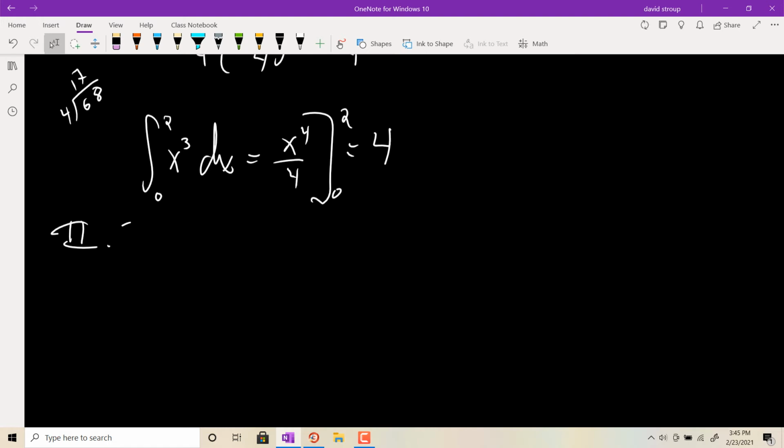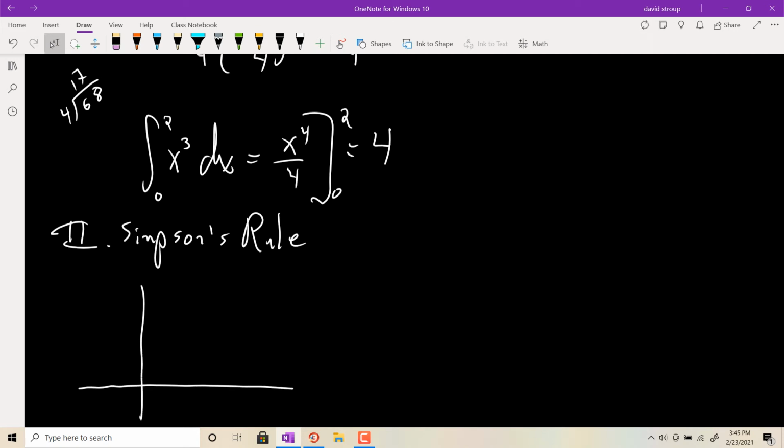Okay, the next kind of method is Simpson's method, or Simpson's rule. And in this case, instead of using rectangles, what we're going to do is kind of use quadratic functions. Okay, so you're going to take whatever interval you're working with and dissect it into thirds, like this.